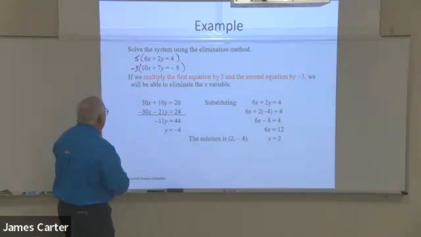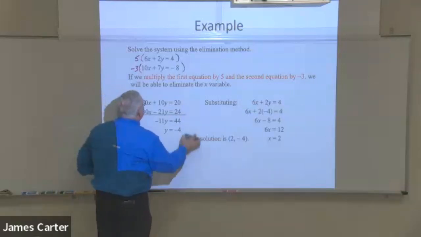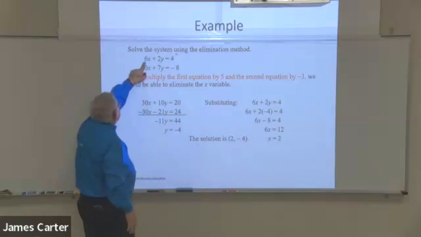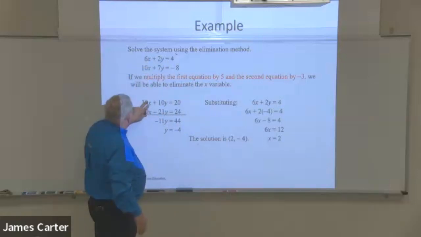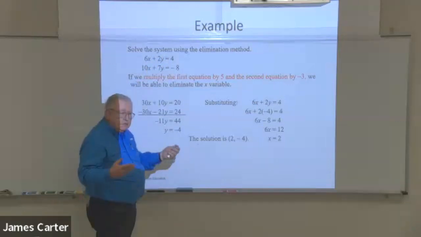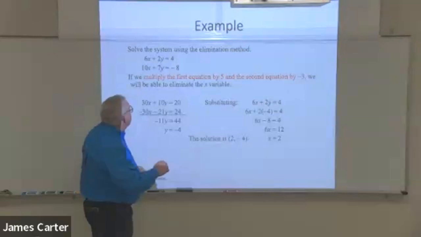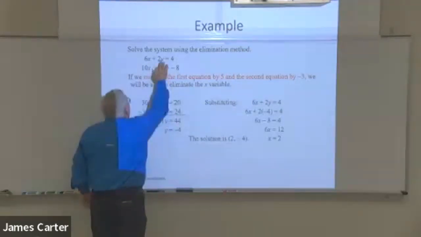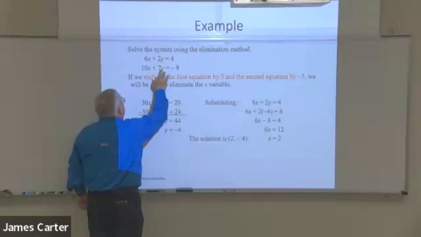Now, I'm going to work this problem another way. This time, instead of eliminating the x's, I'm going to eliminate y's. Just so I can show you it doesn't make any difference. So if I have the common denominator, least multiple of 2 and 7 is 14.